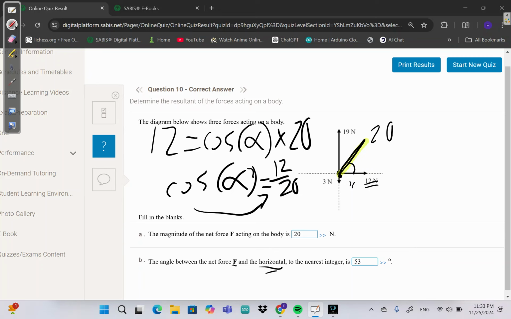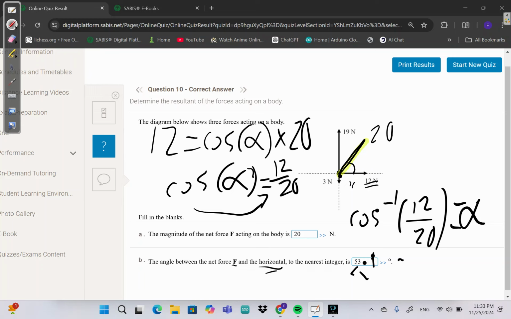We take cosine to the other side now, so we'll get cosine inverse of 12 over 20 is equal to the angle. We do this on the calculator, cosine inverse of 12 over 20. We'll get 53.1, which is going to be 53. So that's it for this question. Next question now.